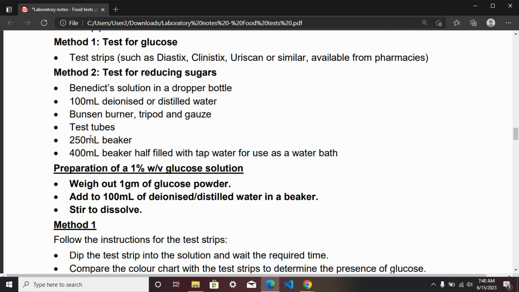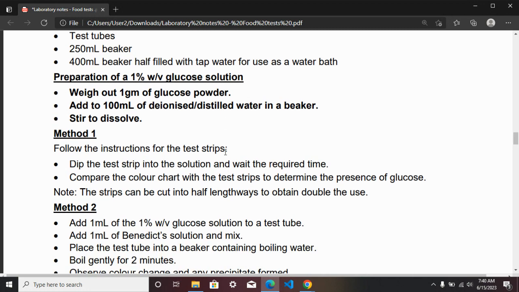Test tubes, and a 250 milliliter or 400 milliliter beaker half filled with tap water for use as a water bath. You understand? Water is also for cleaning up the testing material that we had.